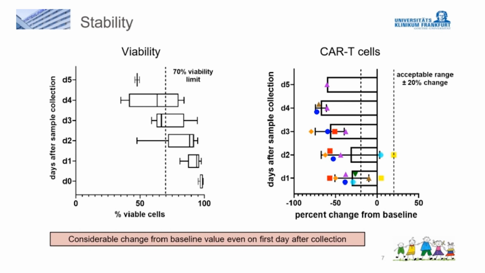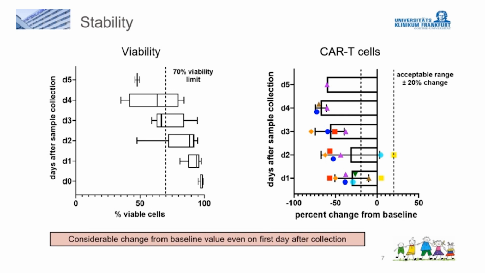To assess the impact of measurement delays on cell viability and the reported percentage of CAR T cells, we repeated testing of 7 patient samples on 5 consecutive days. While initial leukocyte viability was very high and expectedly declined slowly over time, the relative percent difference of the median CAR T cell value declined strikingly early and exceeded our acceptability criterion of 20% difference even on the first day after sample collection.